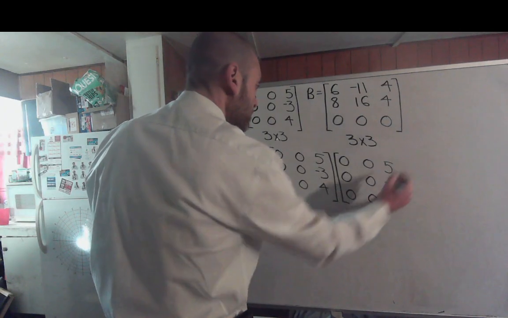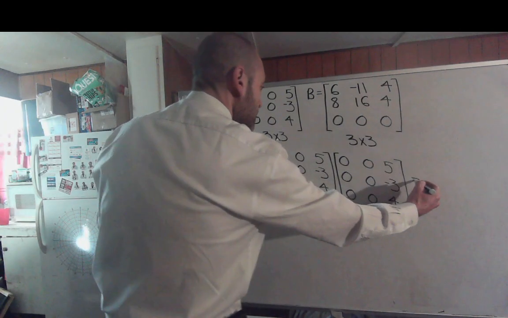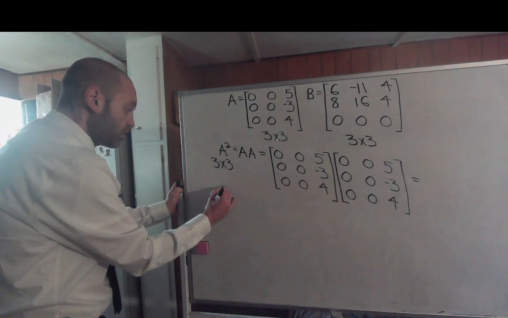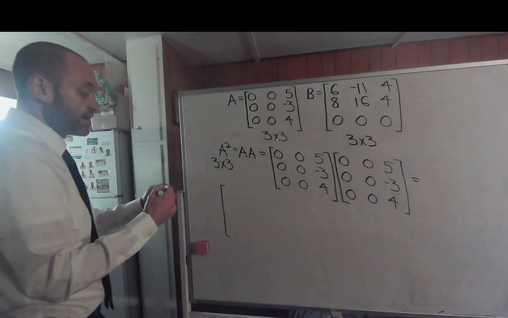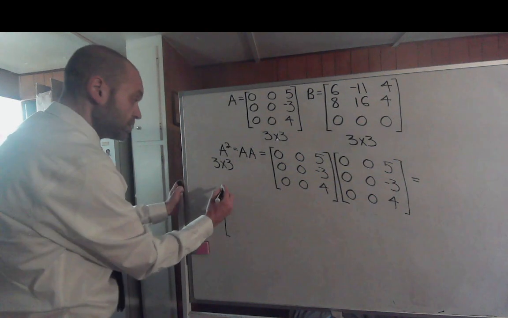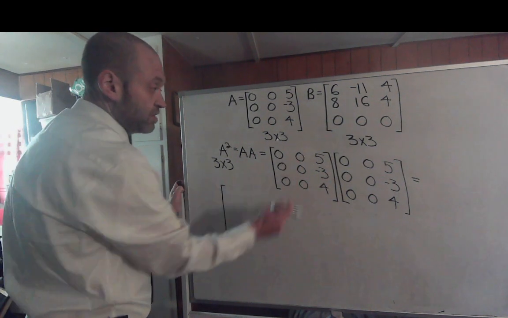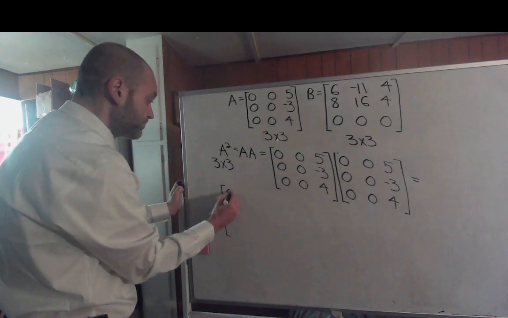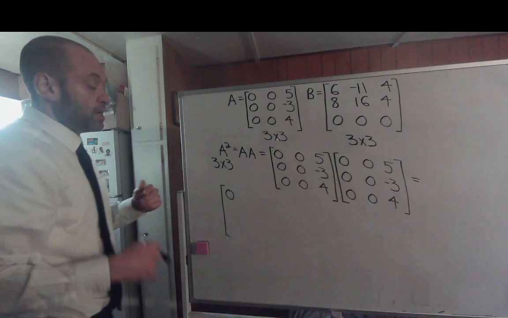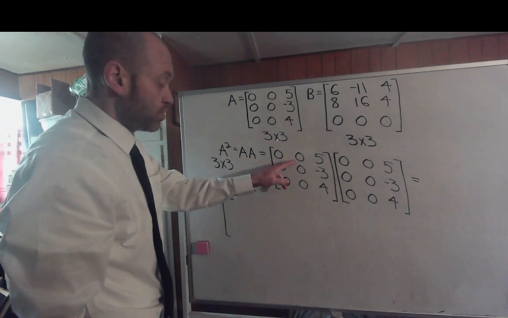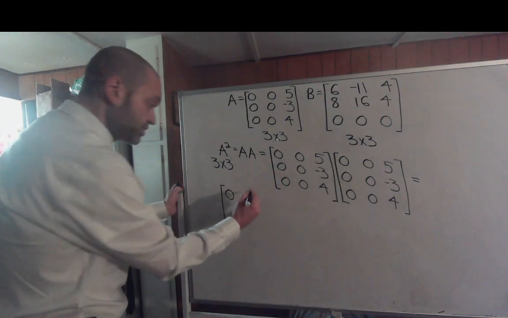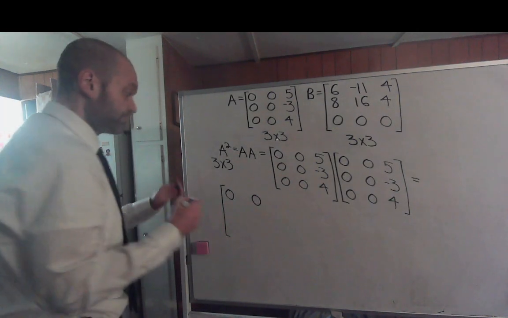So let's see what we get here. To get the first number of the first row, multiply your entire first row times your first column. That's definitely going to be all zeros, right? What about for the second number? You'll take your entire first row times your second column. Well, that's also going to be all zeros, right?